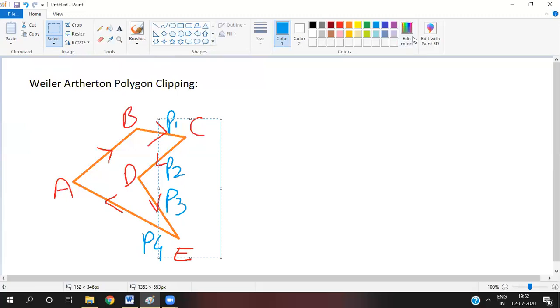Or I will draw the polygon, that will be better. Okay, so, this is my window.